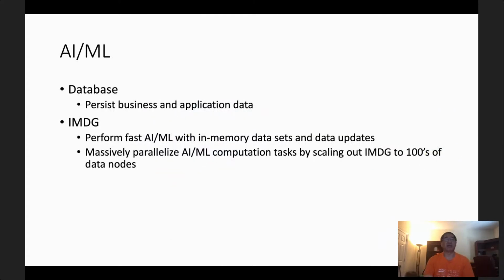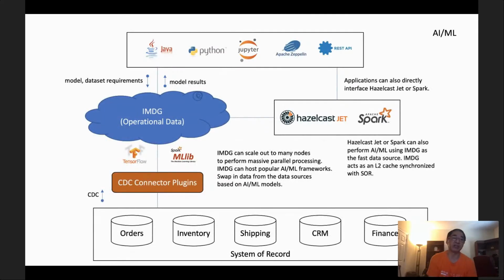For AI and ML, for artificial intelligence and machine learning, this is where we can also excel. In this case, you have many different database systems where you want to get the data in the form of CDC and use that as real-time updates so that you can not only train the model that you have created, but also apply the model in real time, near real time, that is.